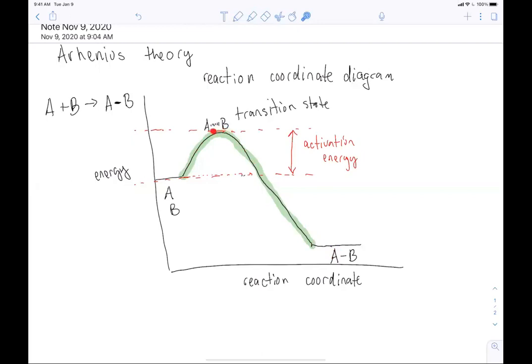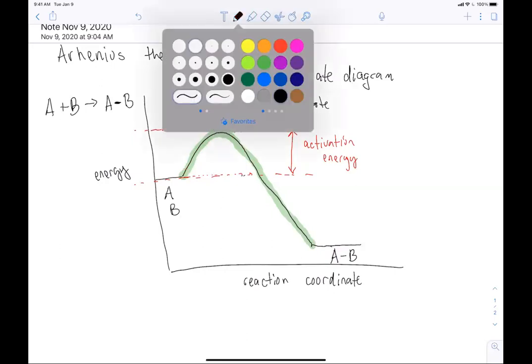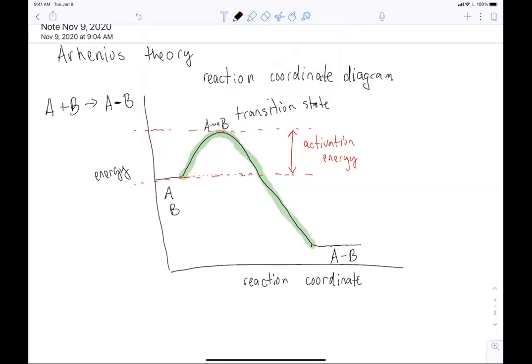But if you had no barrier here, for example, then the reaction would have, actually, this ties into an important part here: the height of this barrier, the magnitude of the activation energy, tells you what the rate is in a sense.